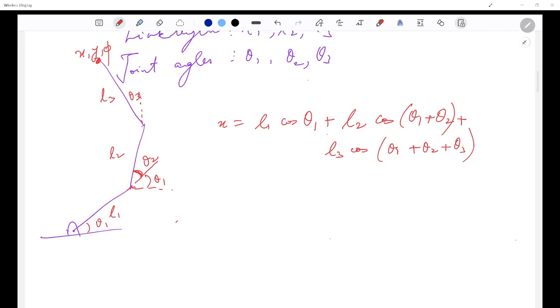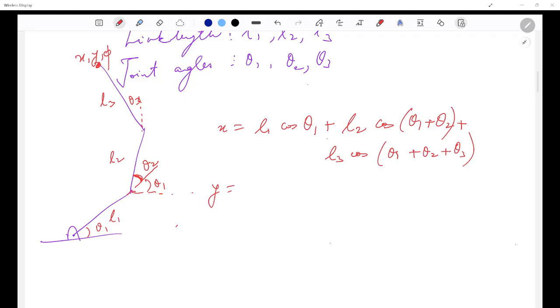Similarly, if we talk about y, it is just in the vertical direction, so it's going to have sine terms. L1 sine theta 1 plus L2 sine of theta 1 plus theta 2 plus L3 sine of theta 1 plus theta 2 plus theta 3.